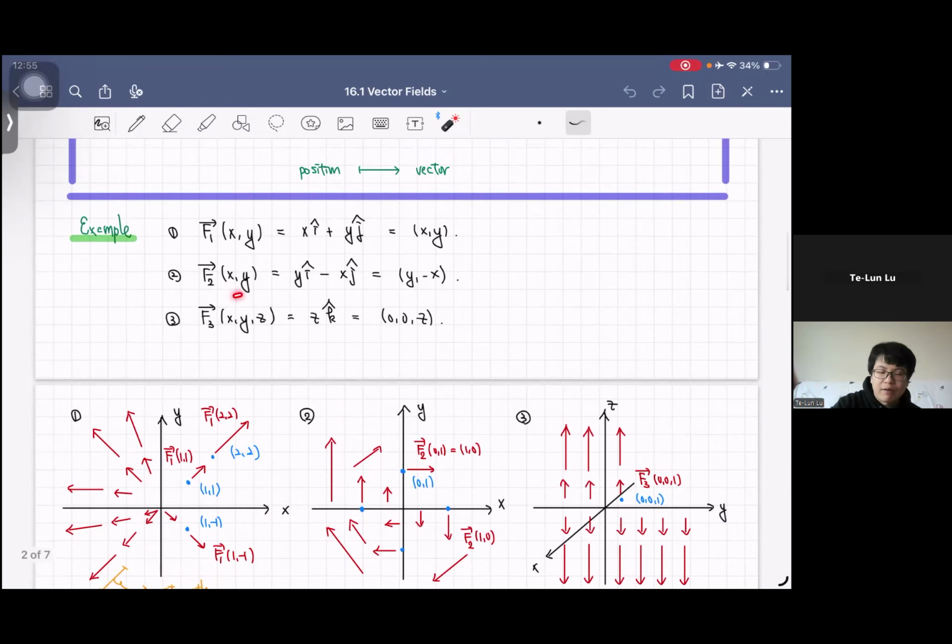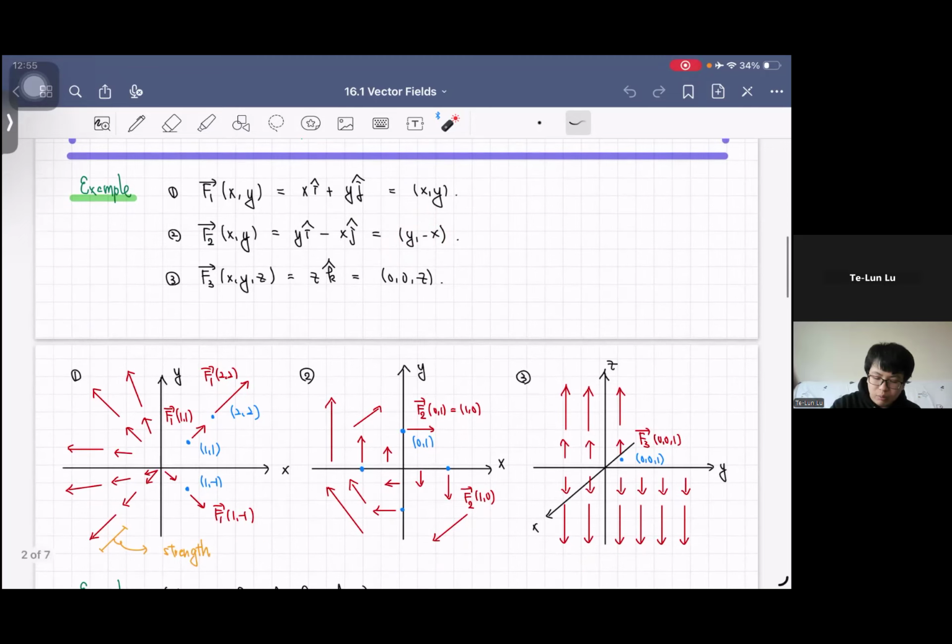Now, for the second vector field f2 of x, y, I define it by y, minus x, or you can write it as yi minus xj. Both of these notations are useful, so make sure you understand both of them. For instance, if you're dealing with the point 0, 1, then by the formula, the corresponding vector is 1, 0. And if you're dealing with 1, 0, then the corresponding vector will be 0, minus 1.